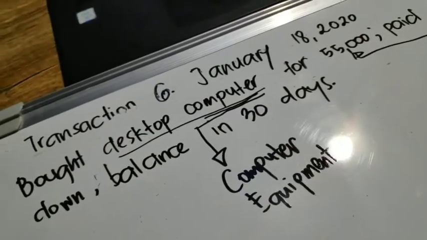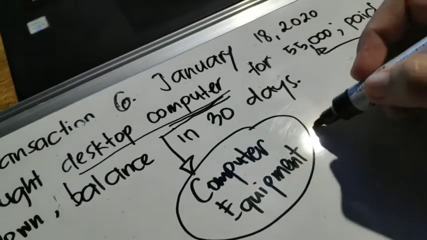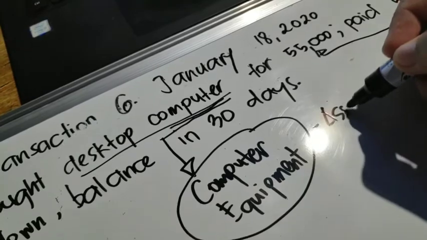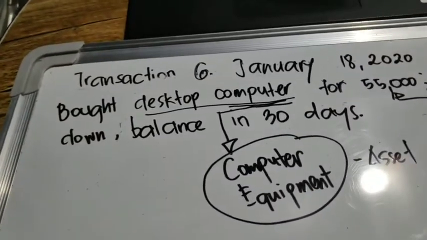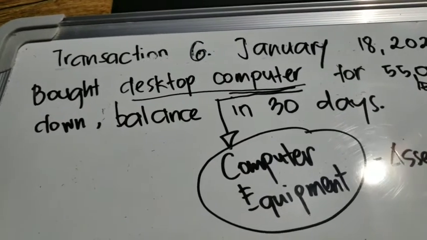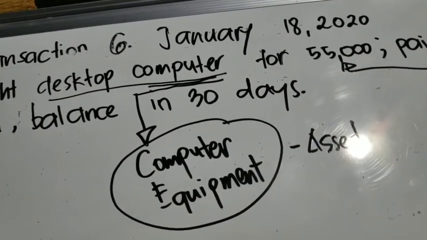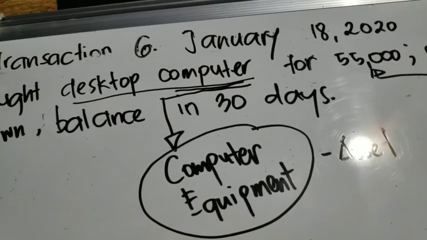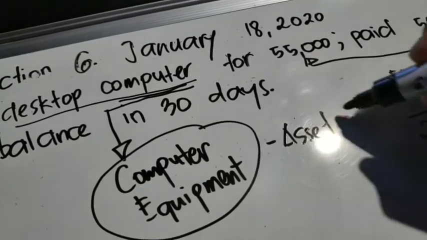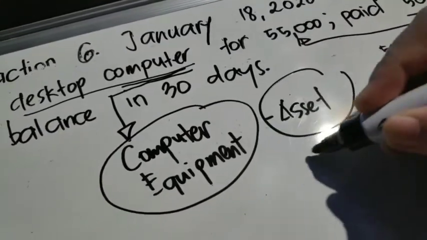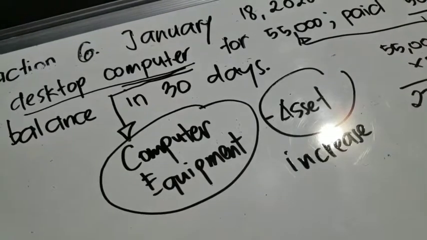So as a computer equipment, this is an asset. Why is this an asset? Because it is a tool for the company. So, for a company to transact, it needs a desktop computer. So, it is an asset for the company. So, when you bought a desktop computer, an asset to the company, it means that you are increasing your asset via property, plant, and equipment.